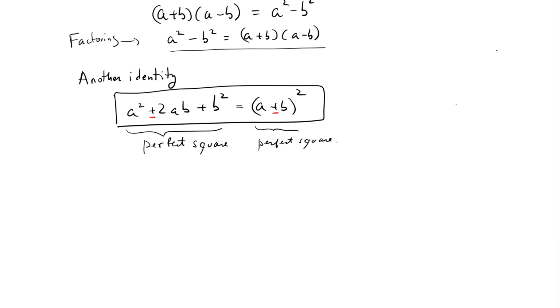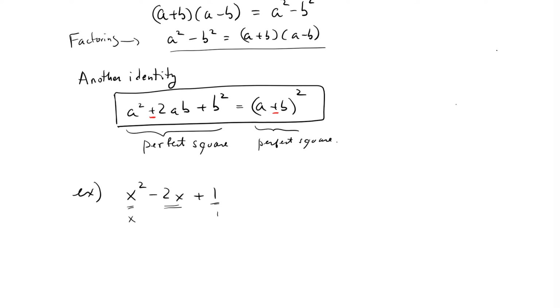Okay, so let's look at some examples. If I have x squared minus 2x plus 1, I can see that the term in the middle here is twice the product of the square root of this one, which would be x, and the square root of that one, which would be 1.